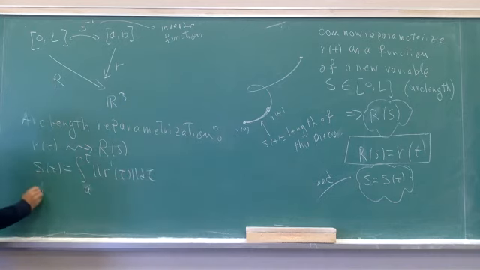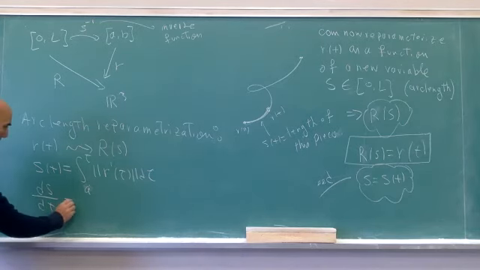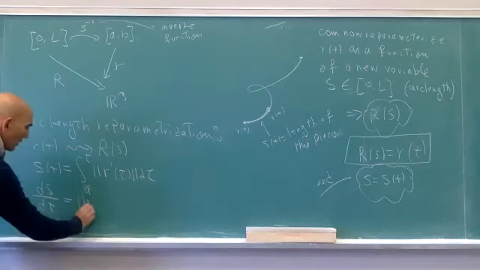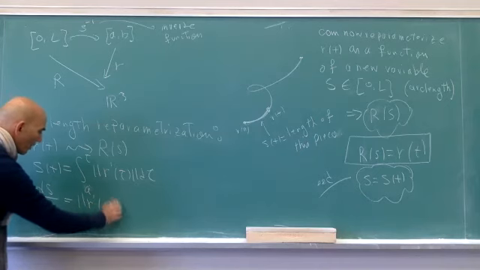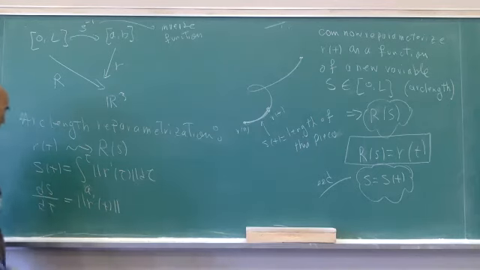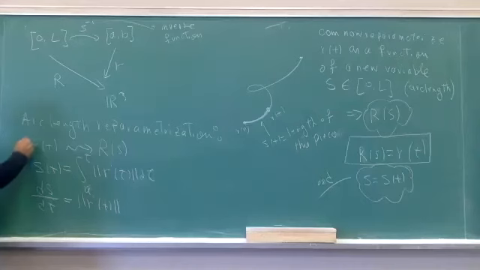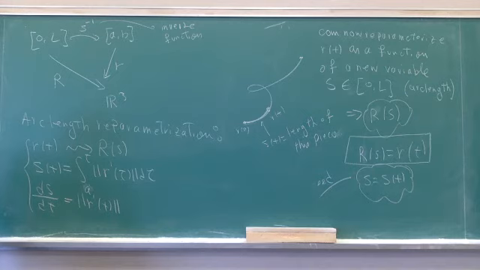If you take the derivative with respect to t, ds dt is equal to the norm of R prime of t. We're going to use these rules soon. Now, can you tell me what is dr ds?